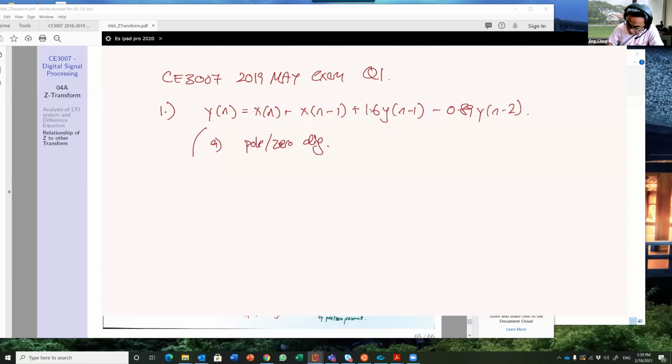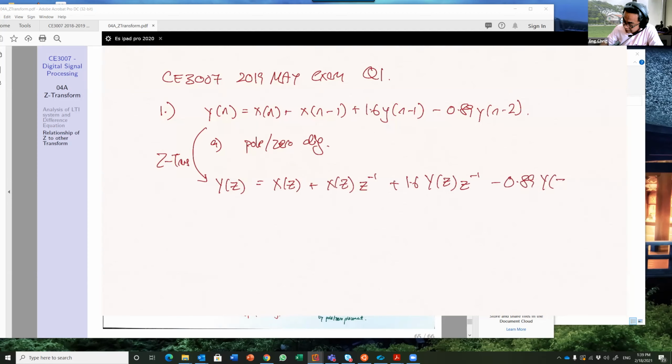So perform Z transform. y[n] becomes Y(z), x[n] becomes X(z), plus X(z) z to the minus 1 for x[n minus 1], plus 1.6 Y(z) z to the minus 1, minus 0.89 Y(z) z to the minus 2.